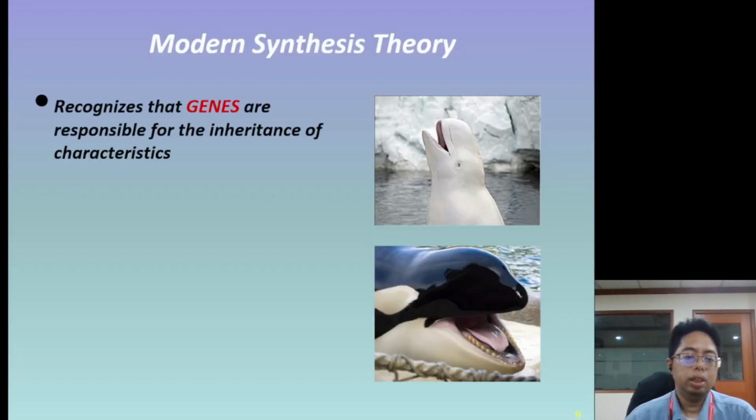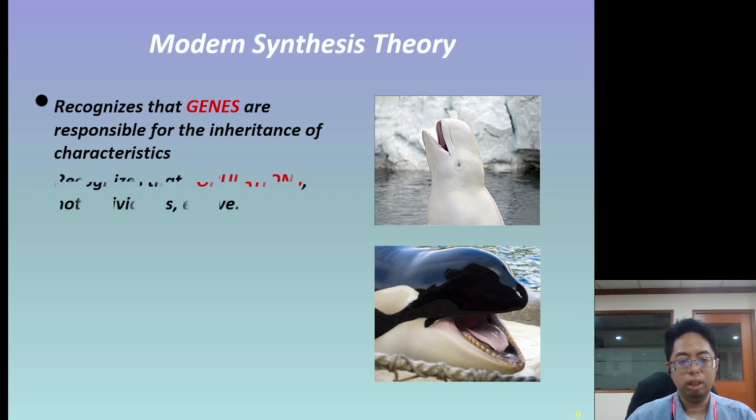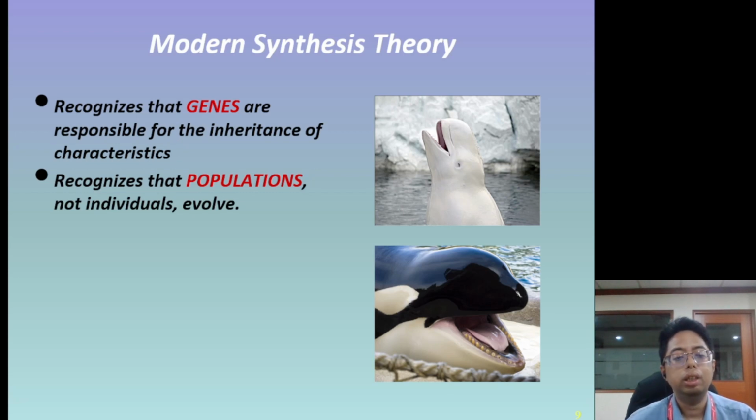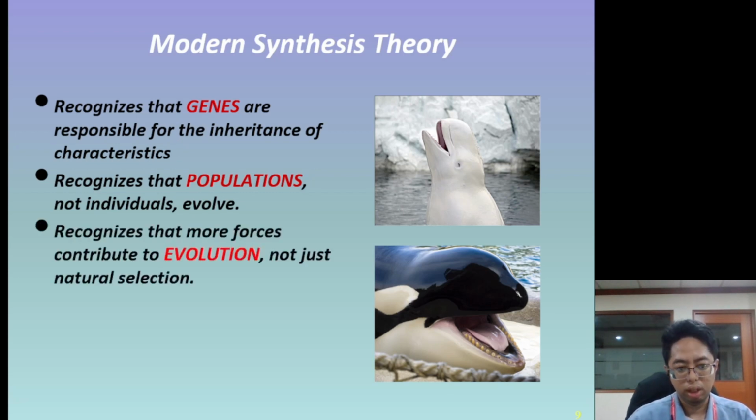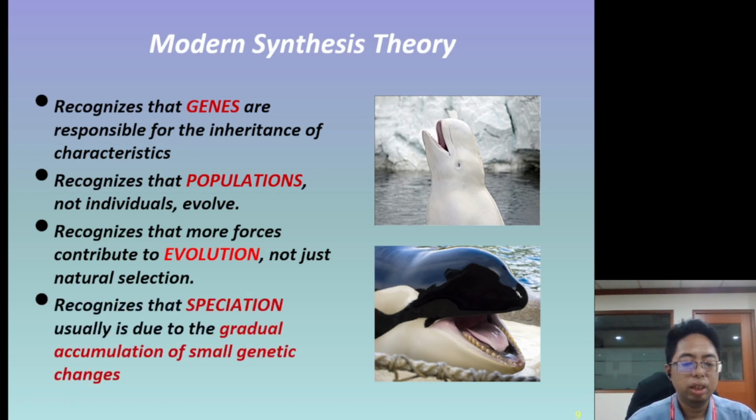In the modern synthesis theory, it recognizes that genes are responsible for the inheritance of characteristics, and that populations, not individuals, evolve. It also recognizes that more forces contribute to evolution and not just natural selection, and that speciation usually is due to gradual accumulation of small genetic changes.